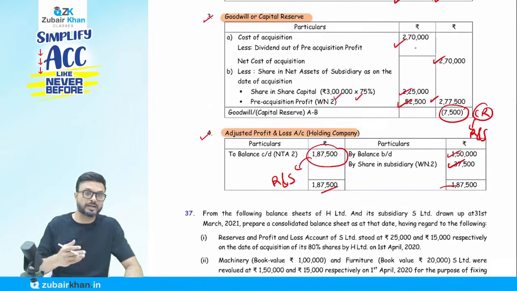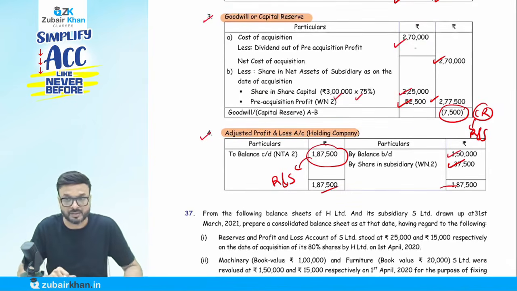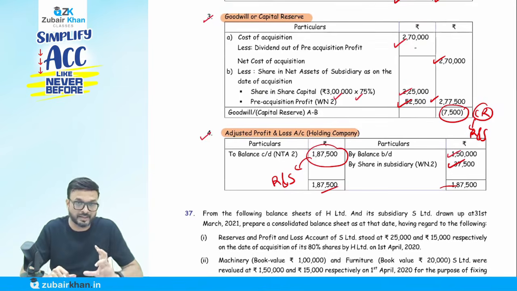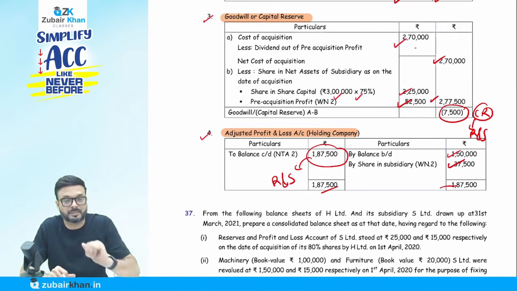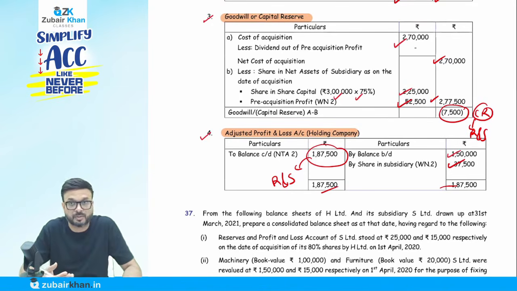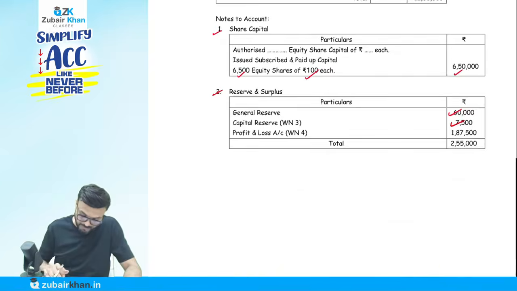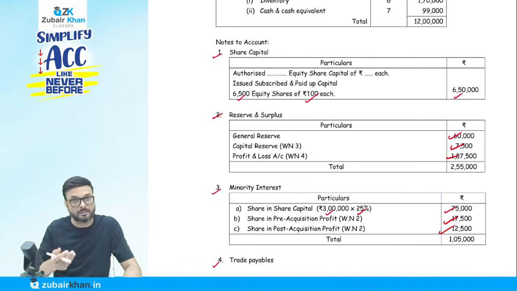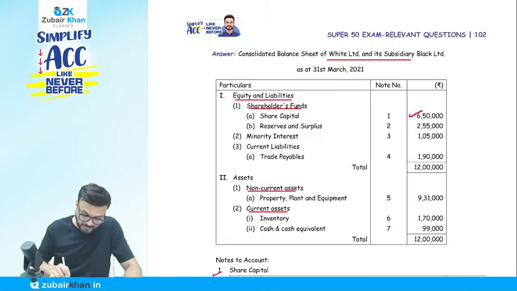Initially we don't write it on the P&L account balance of the holding company, because there might be some adjustments. The post acquisition profit we write as 37,500 here. Now the total is coming 187,500, and I will write it in reserve and surplus. Now one by one, close every note account. First is 650,000, 650,000.